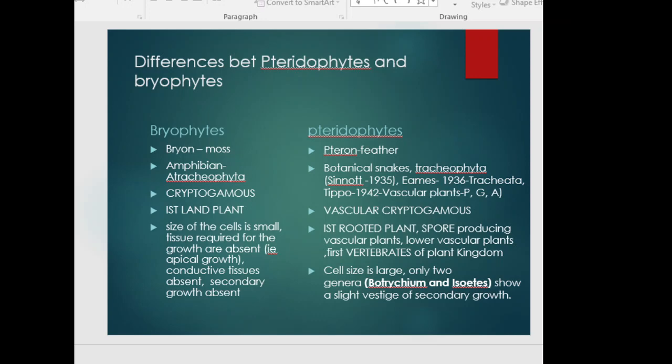So let us discuss the differences between the pteridophytes and the bryophytes.